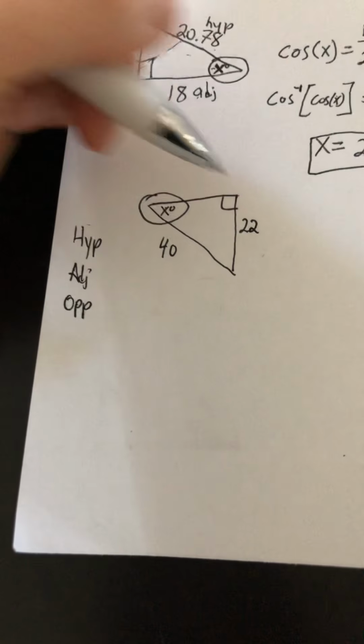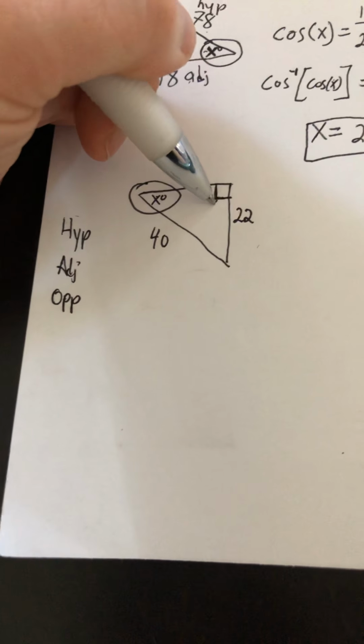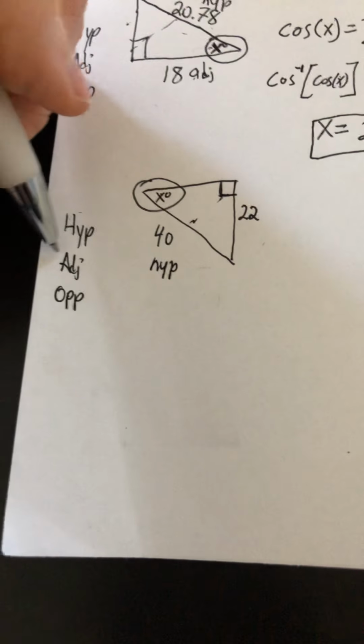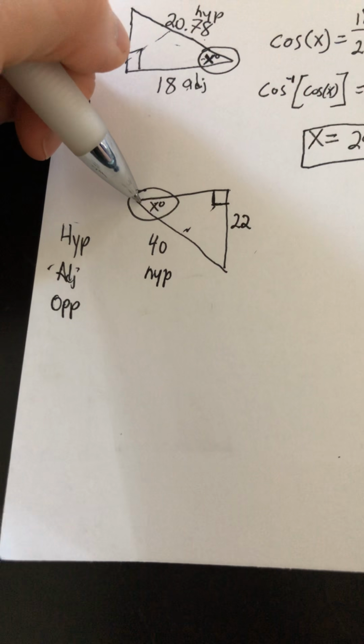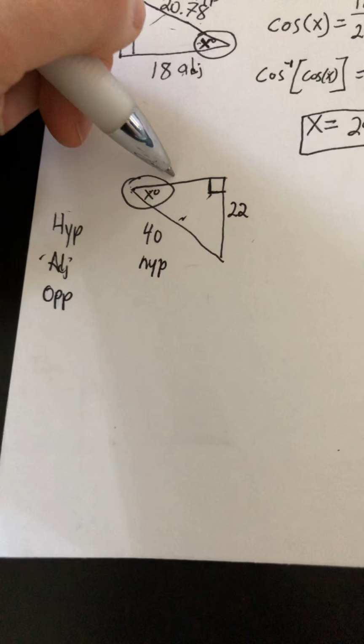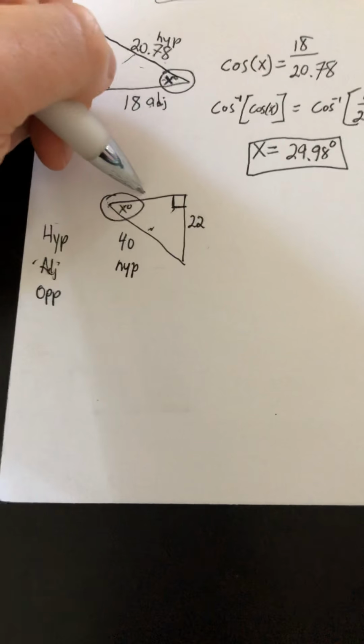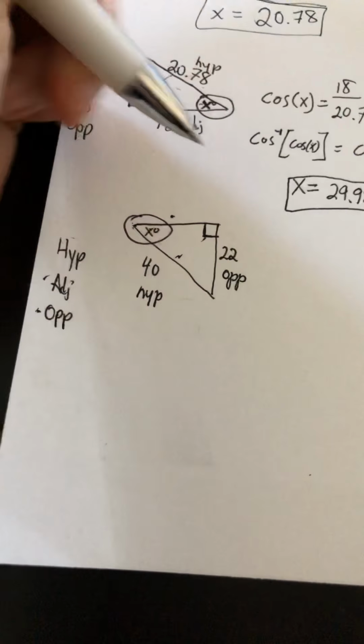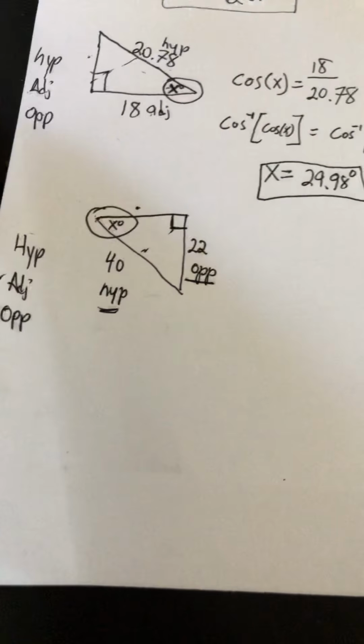So hypotenuse first. It's always opposite our right angle. So 40 is our hypotenuse, okay? The adjacent is the other side touching our angle. This one's the adjacent, and we do not have anything there, so we're not gonna label it. And that means our last side is the opposite. So we're gonna look for opposite and hypotenuse.